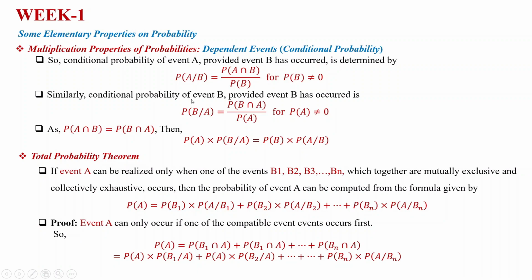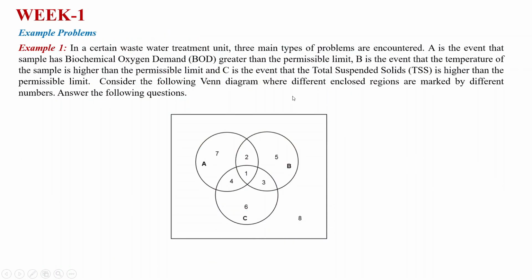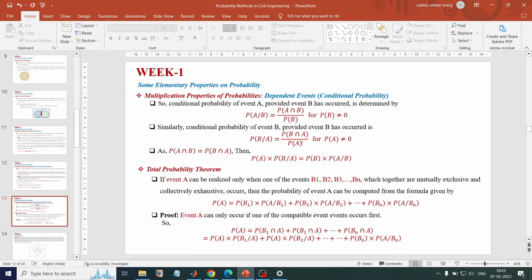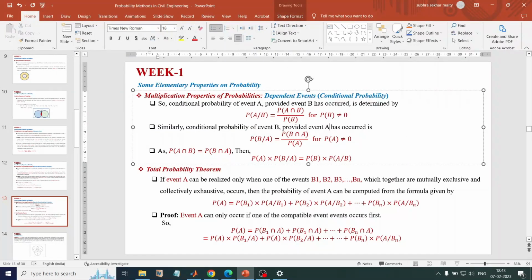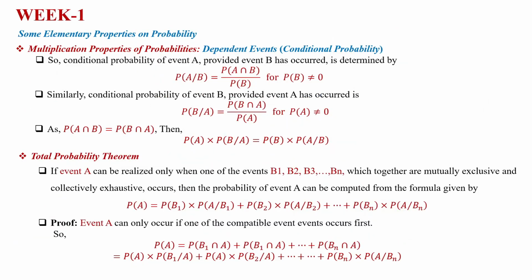Similarly, the conditional probability of event B provided event A has occurred is P(B|A) equal to P(B intersection A) upon P(A), and P(A) cannot be 0.